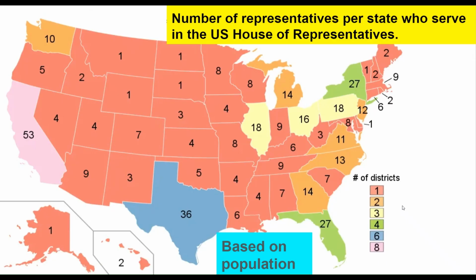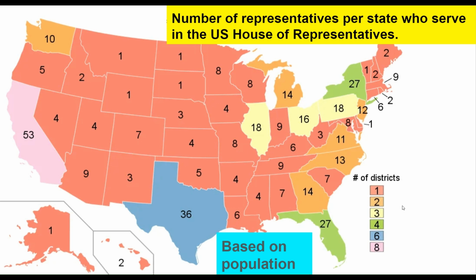Now, the number of representatives for the House of Reps is shown in this map. Look at California with 53. Look at Texas with 36, Florida with 27, New York with 27. Just those four states probably have as many representatives as the lowest numbered 30 states.